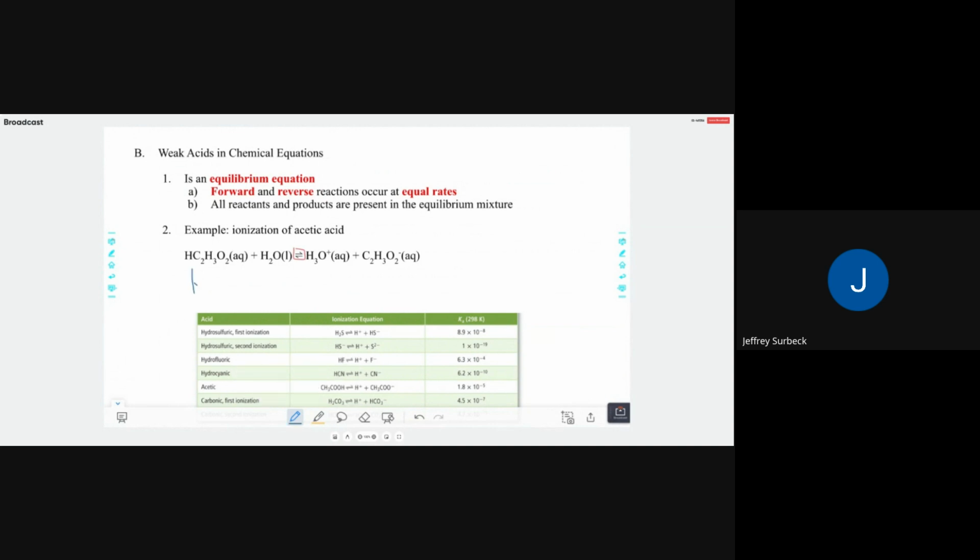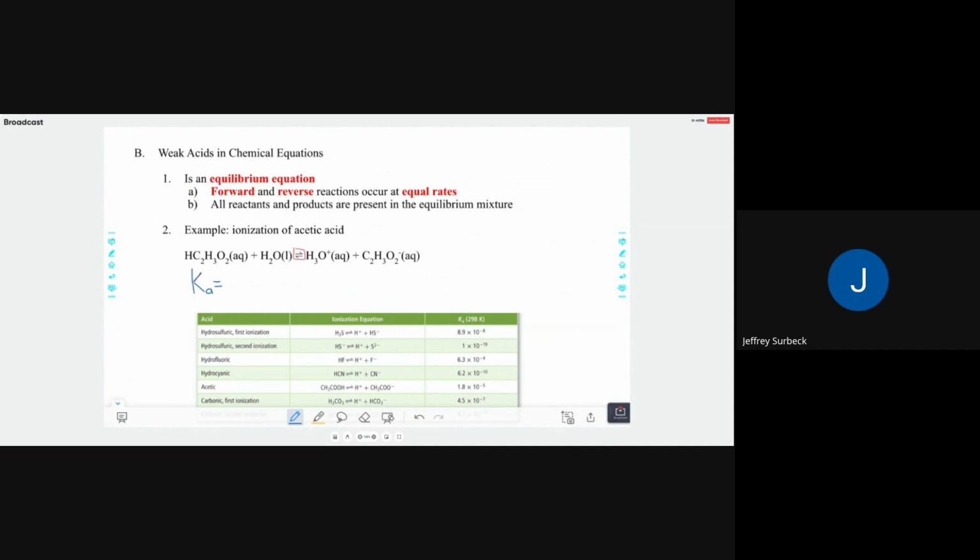Now, big giant K is always going to have products on top, and we only write our aqueous and our gases there.